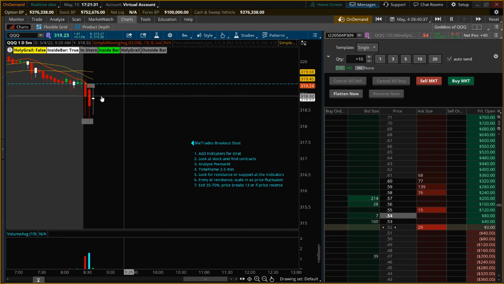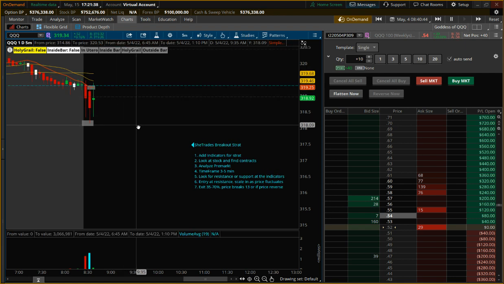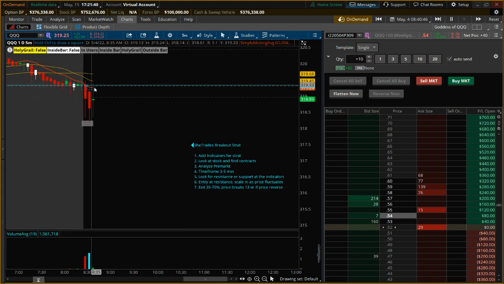And here, let's see if we get rejected right here at this pre-market low again. You see how it can't get above this open daily price? That's why I like this indicator.